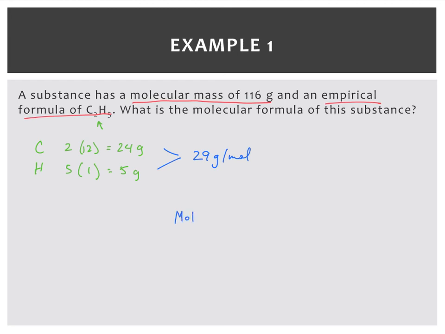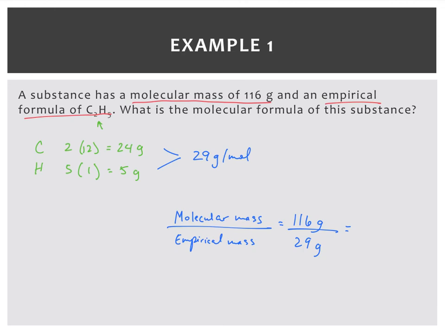We're going to take this molecular mass divided by empirical mass. So 116 grams, because the molecular mass should always be the bigger one, divided by the 29 grams for the empirical mass. Okay, so let's put this into the calculator for a moment.